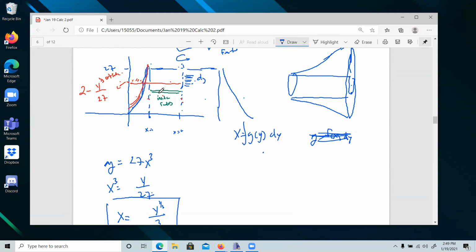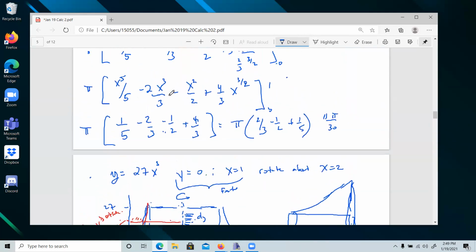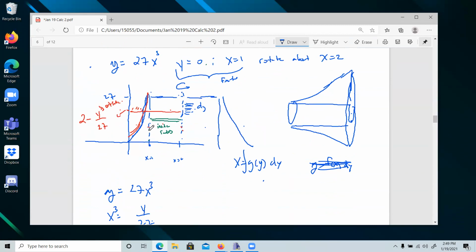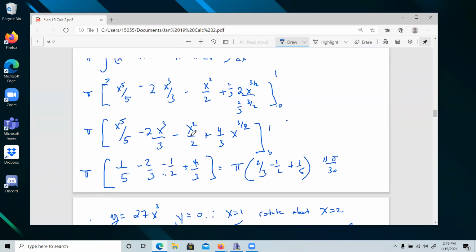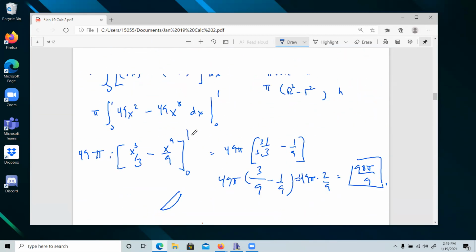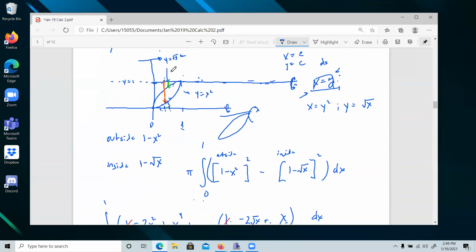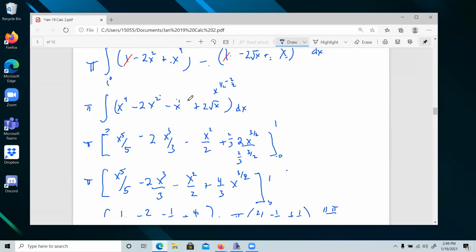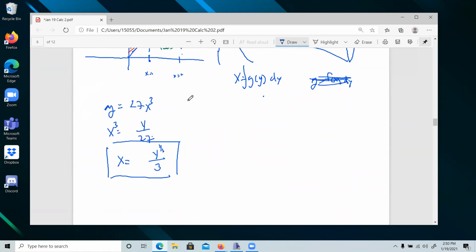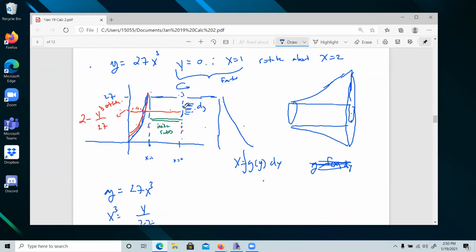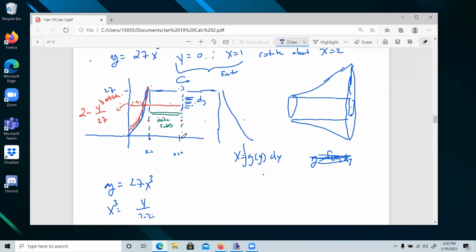And I guarantee you'll have one that's about this hard, or what we did above, or one about this hard. I don't want to make them any harder than that. This is hard enough. It does not need to be harder. There is going to be one where it's around the different axes, but there'll only be one.